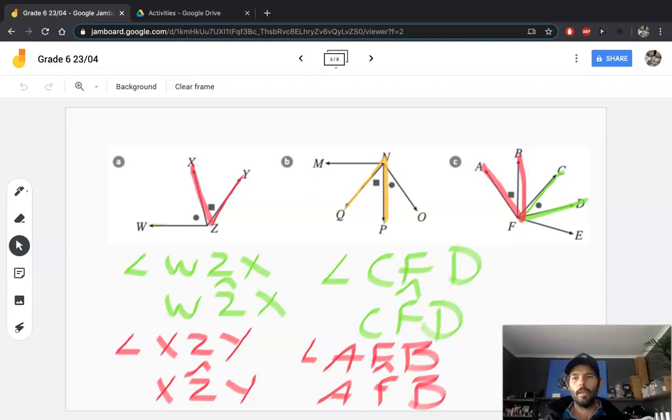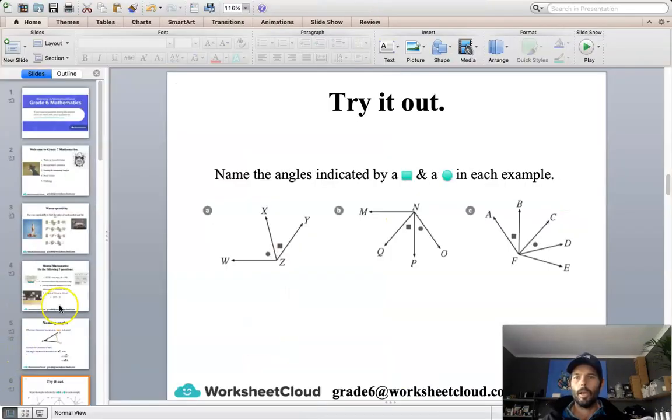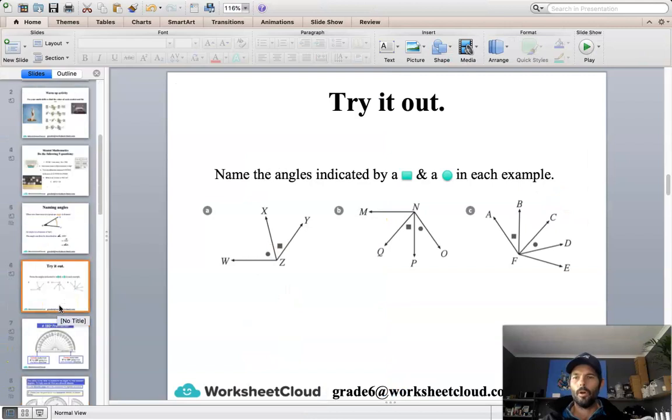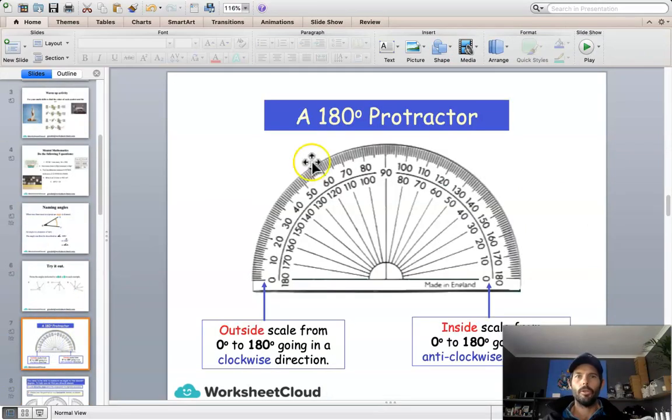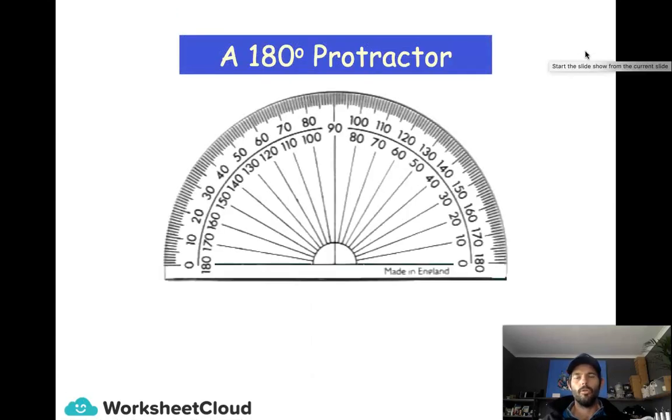So that's naming angles. We now move on to measuring angles. I'm going to show you the instrument we use to measure angles. It's called a protractor. You do get a 360-degree protractor, so it's a full circle.